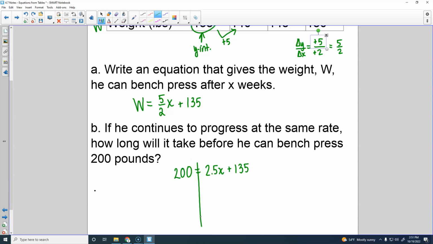It's a little harder to do than the last one that we did. So if we're going to solve this for x, what would we do? Perfect. Subtract that 135. And that is going to give us 65 equals 2.5x. And then what would we do after that?